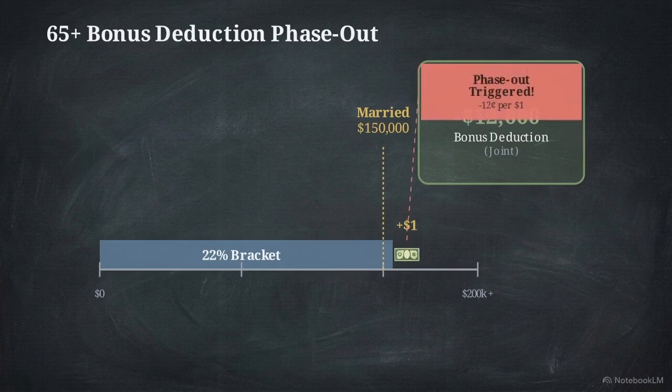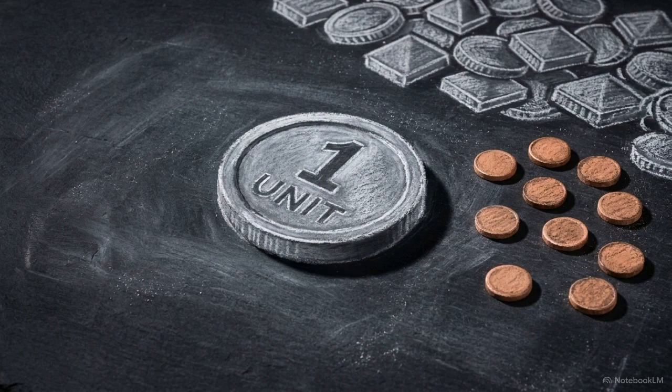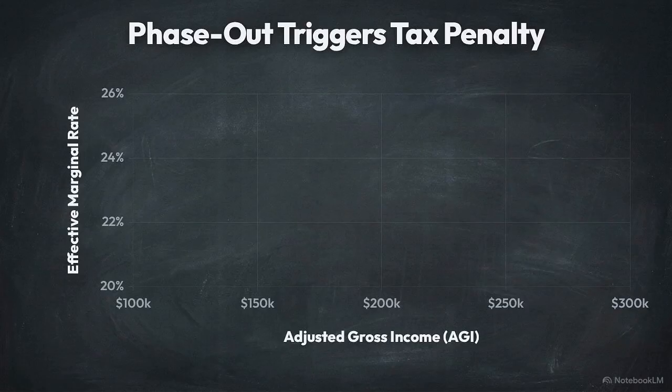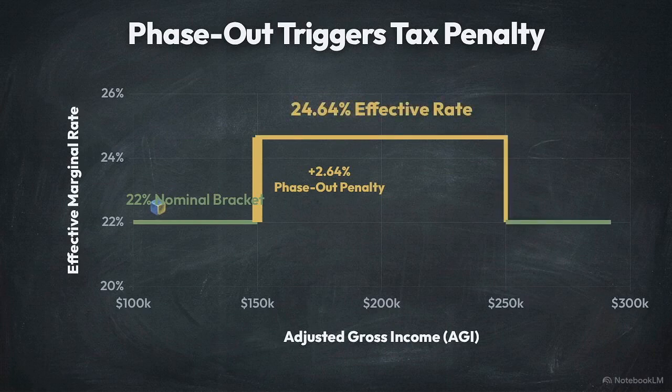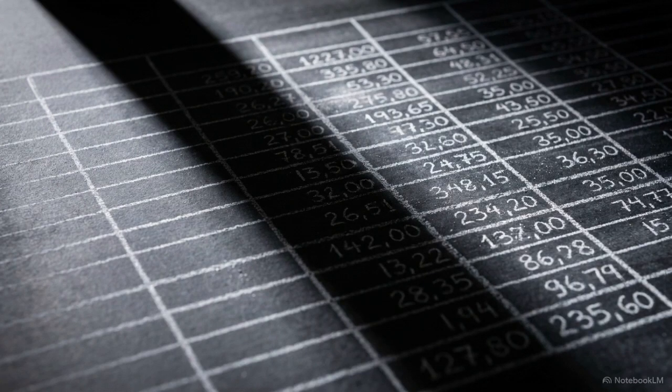Earning that dollar forces them to forfeit 12 cents of their bonus deduction. They pay 22% on the new dollar, plus 22% on the 12 cents of lost deduction. Their actual effective marginal rate steps up to 24.64%. These subtle phase-outs operate as stealth multipliers. They silently extract wealth from retirees who believe their nominal tax bracket protects them.